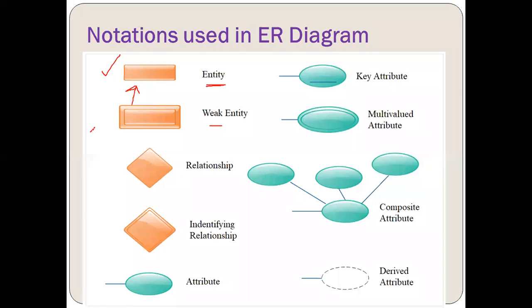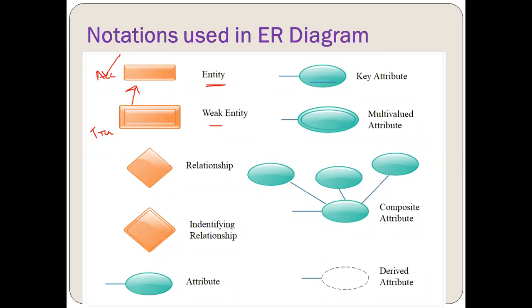Example, we can take transaction, right? Let's say this is transaction, and this is account. So transaction does not have, let's say, an account name or specific ID. It is dependent on this particular entity. So in this case, transaction is a weak entity which is dependent upon the account entity, right?